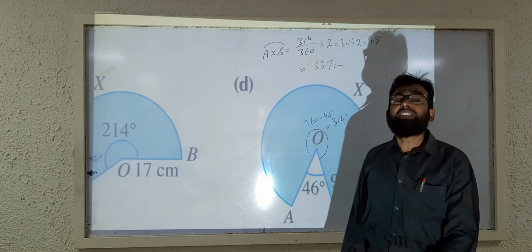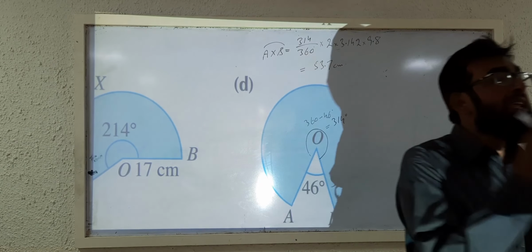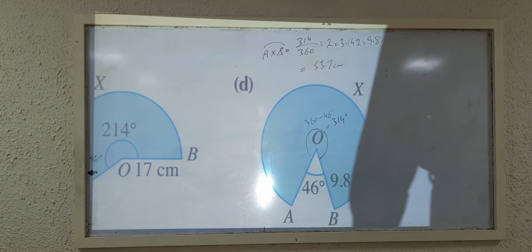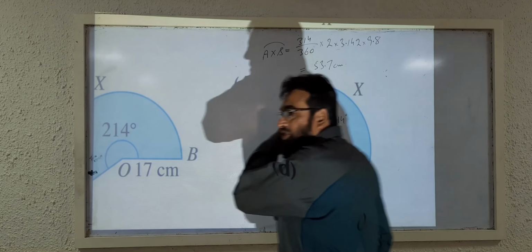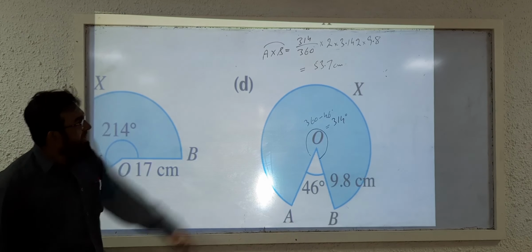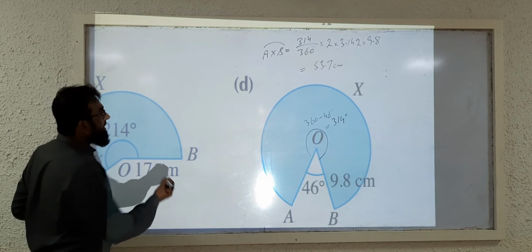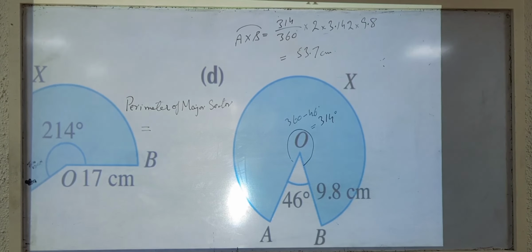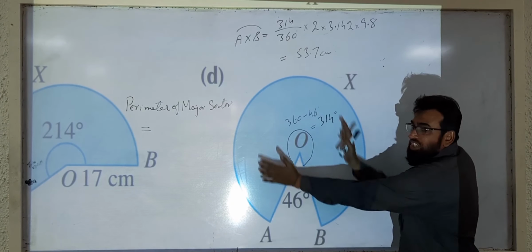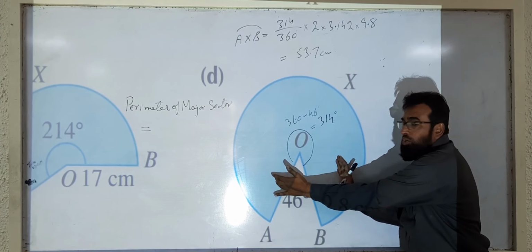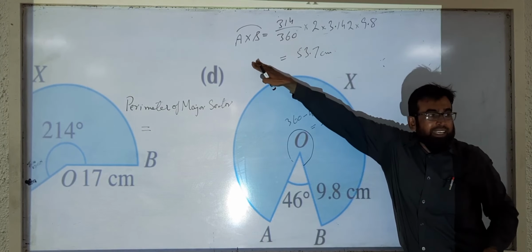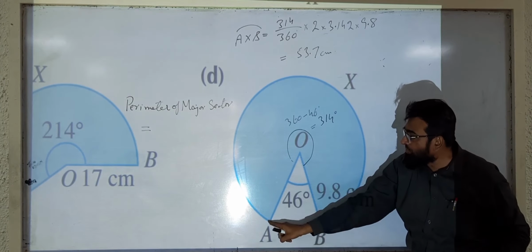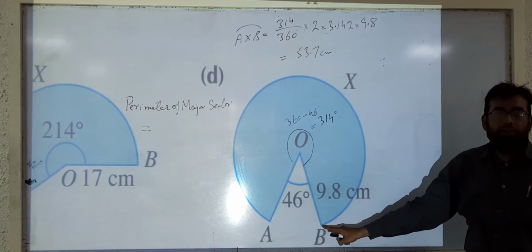Now if he is asking you to find out the perimeter of the major sector, the length of the outer boundary of the shape. If I am talking about this major sector, as far as arc AXB is concerned, we have just found out this curved line.